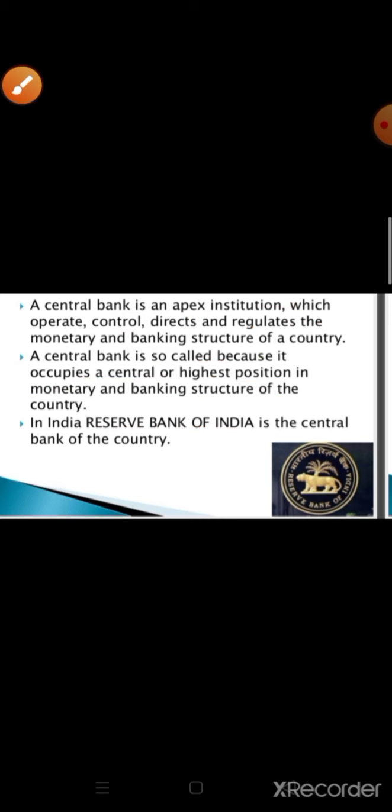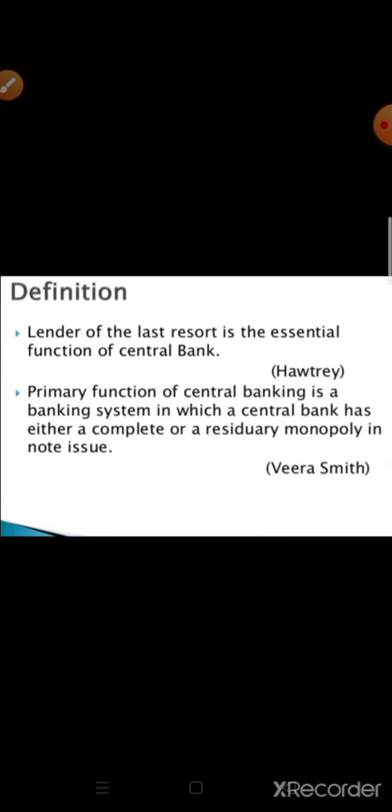It is so called because it occupies a central or highest position in the monetary and banking structure of the country. In India, RBI, the Reserve Bank of India, is the central bank of the country.